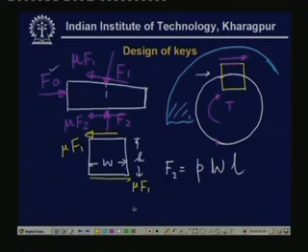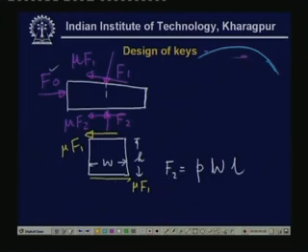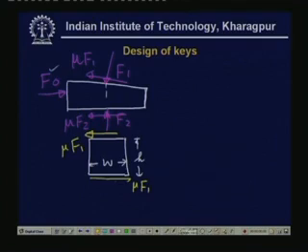Once we make the analysis, that is, write down all the equations, what we get is that F2 is P, the maximum pressure that can be taken, that is the pressure on the shaft, P times B times L. Then this angle is beta.